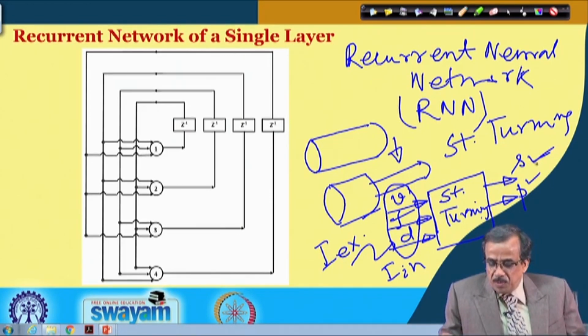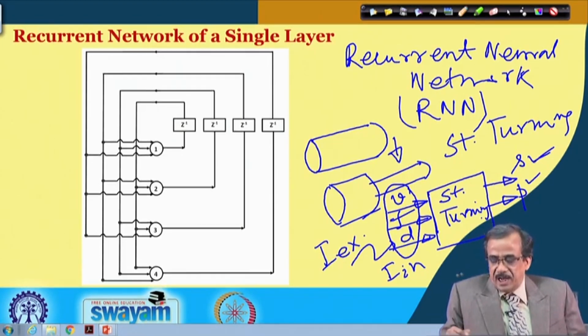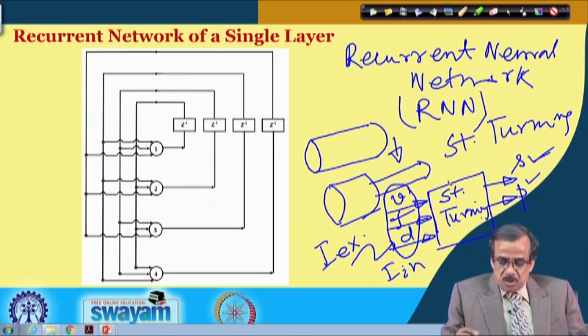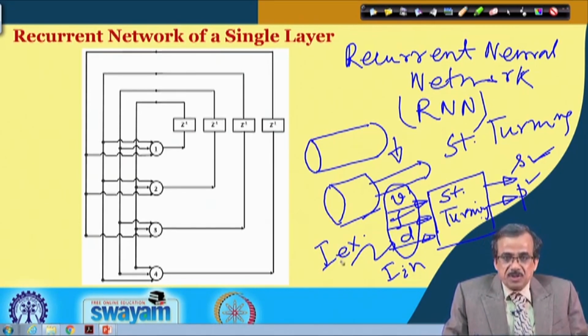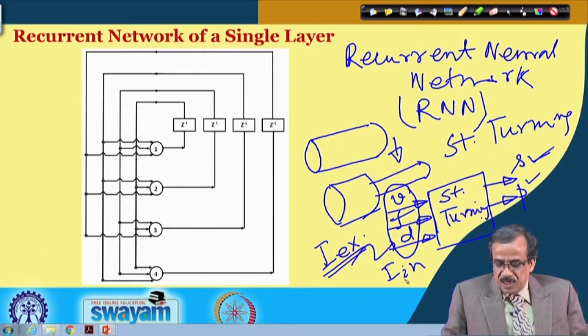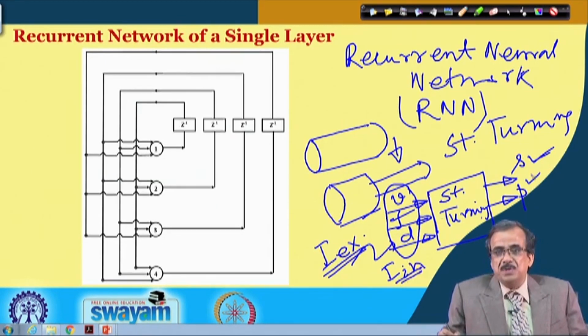If I want to model this dynamic process in a very efficient way, we will have to consider both the external input as well as the internal input, because both of them contribute to the output.